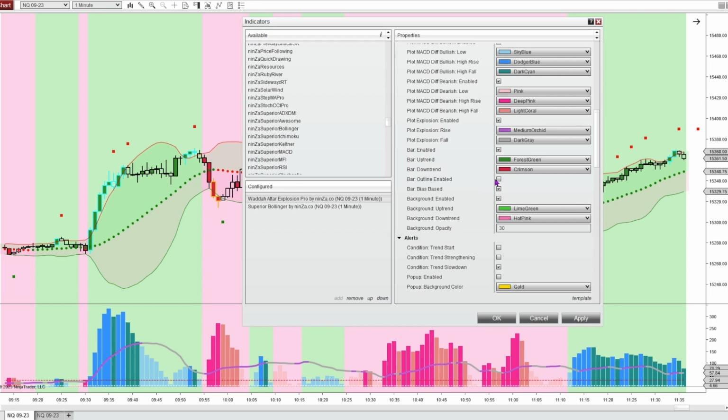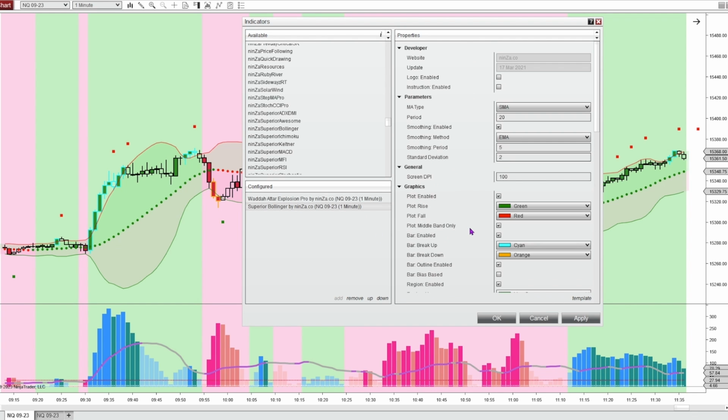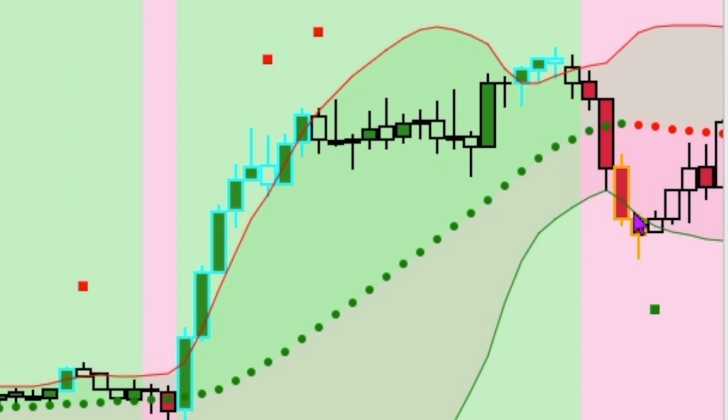See, on this one I do not have the bar outline enabled. I've got it unchecked for the WA explosion. So that way I've got the superior Bollinger printing the candle outlines. And if it breaks out of the Bollinger line to the downside, it's printing this orange candle outline.